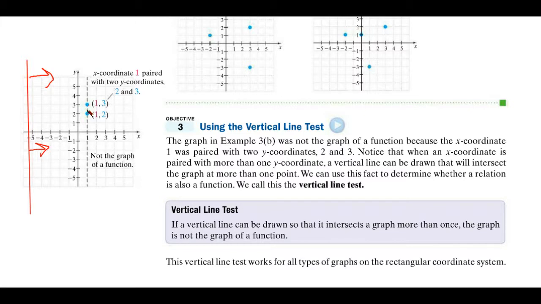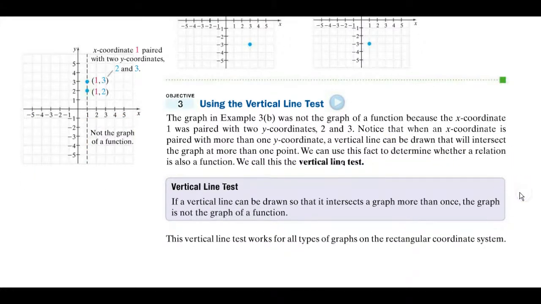So it intersects twice. Now, if it only intersects once as you move it over the face of the graph, it's a function. And we say it's passed the vertical line test. If it intersects more than once, it doesn't pass, and therefore this is not a function. That's called the vertical line test. It's sometimes referred to as the pencil test, moving a pencil over the graph, where the pencil is your vertical line.